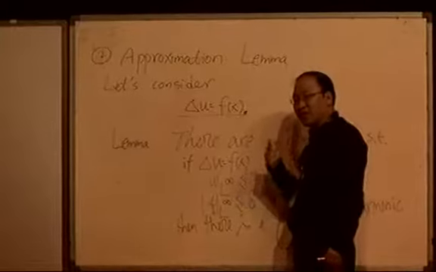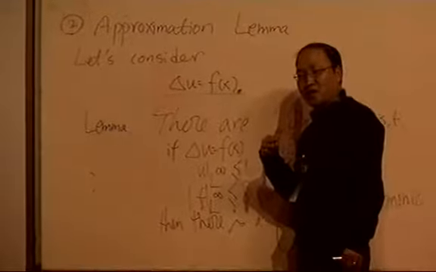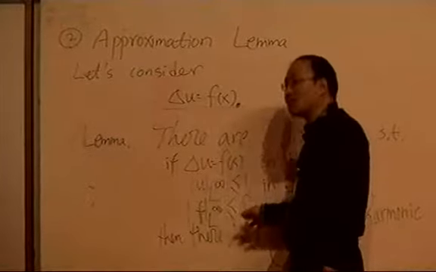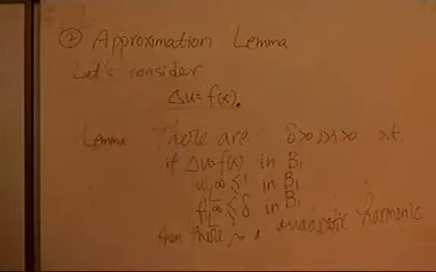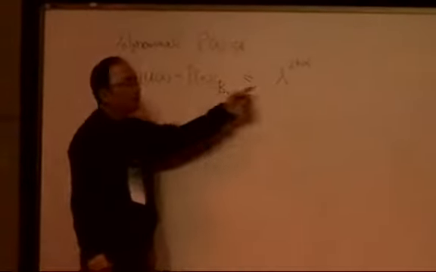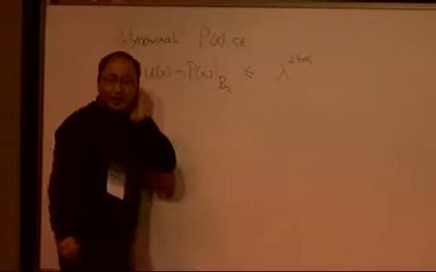So you can find such a lambda and delta. If you choose a very small delta, in other words, your right-hand side is perturbed from the harmonic equation by a very small amount delta, then your solution is perturbed from the harmonic polynomial with a small error. So that is the approximation.